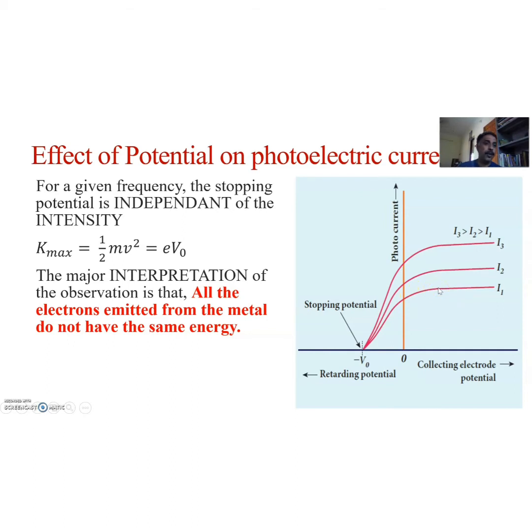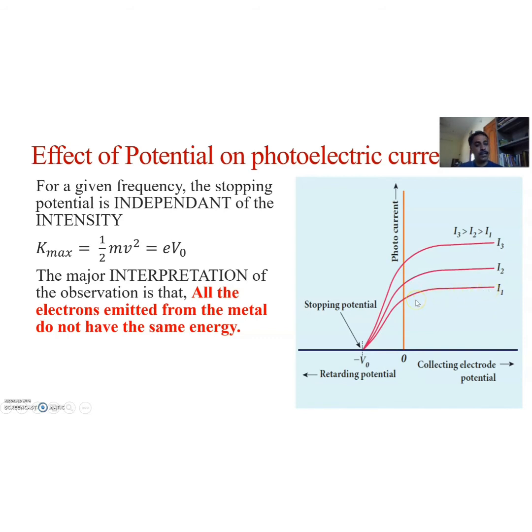But at one point of time, it gets saturated. After that, even though they increased the plate potential, the current doesn't increase for the particular intensity and frequency, right? So this is the saturation potential and this is the saturation current. Now there is no further increase.